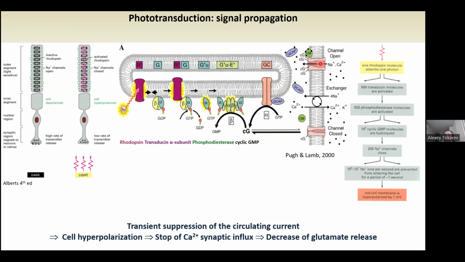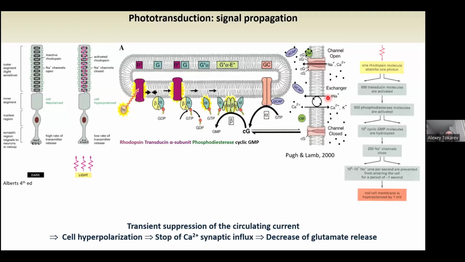These channels close, so we have closed channels, and because the ion exchanger constantly pumps and maintains the gradient of ions, the membrane potential decreases in absolute value. So the cell becomes more hyperpolarized, and this causes a stop of glutamate release in the synaptic region.